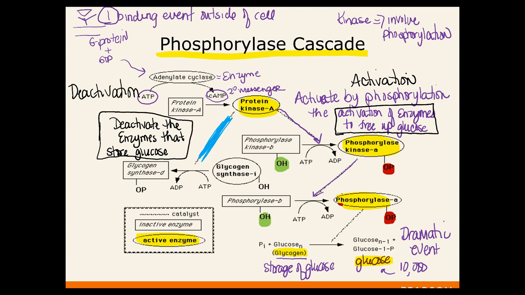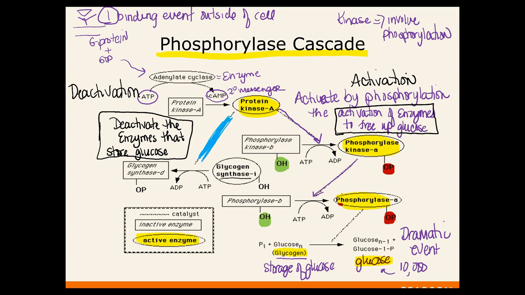So protein kinase A will deactivate an enzyme called glycogen synthase, the enzyme that makes glycogen. It's going to take that one from being active and deactivate it.